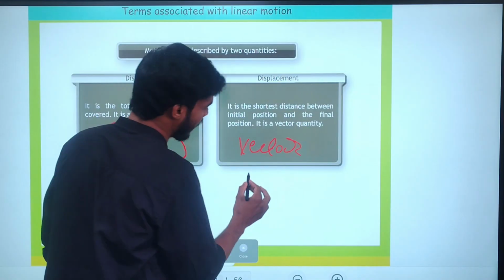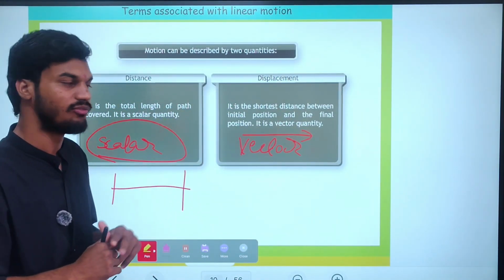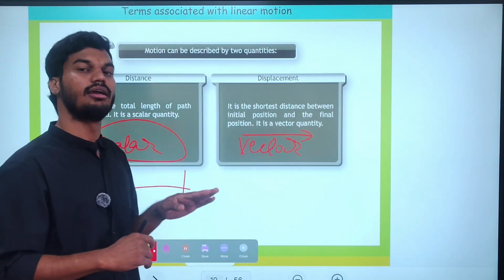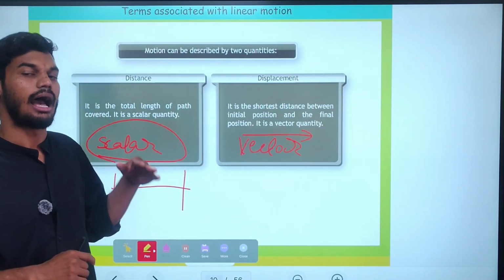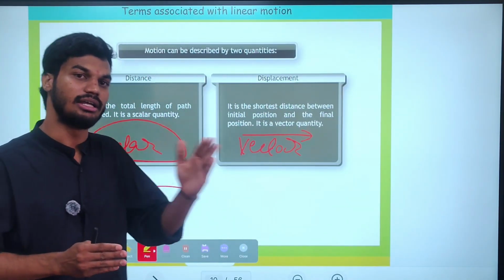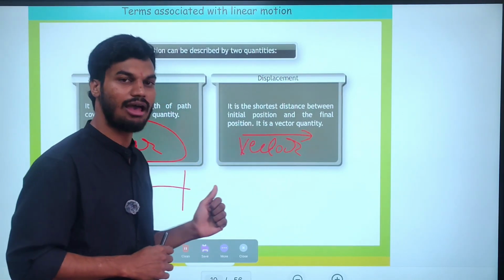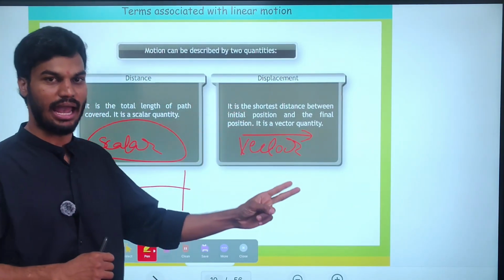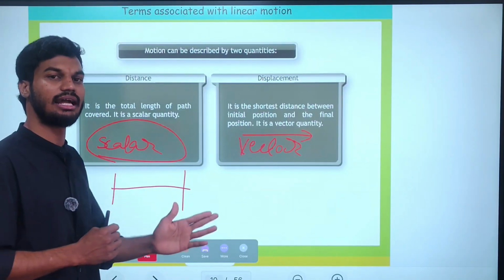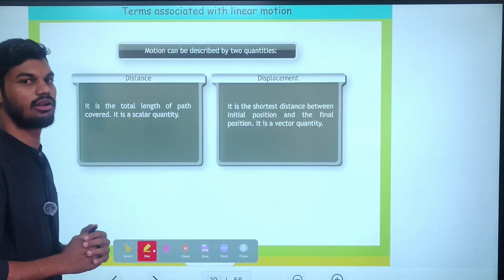And vector quantity has both magnitude as well as direction. In displacement we can say the car is moving 100 meters in a northeast direction, a specific direction. It could be west, north, south. Simply, vector quantity has direction as well as magnitude. But in scalar quantity there is no specific direction, only magnitude. That is the difference between scalar and vector quantity.